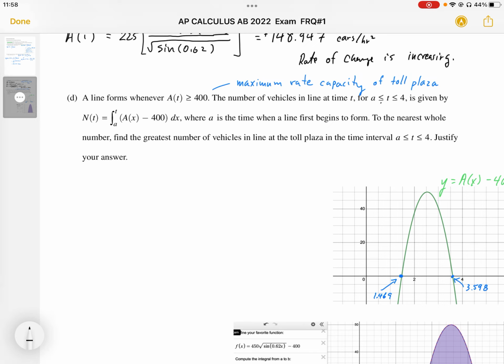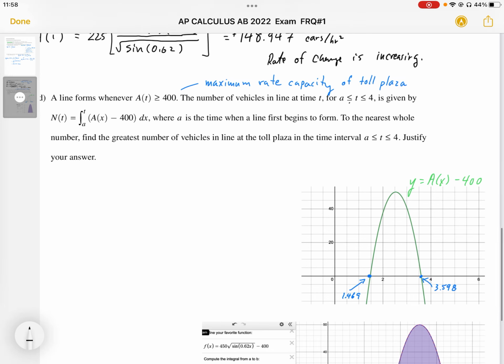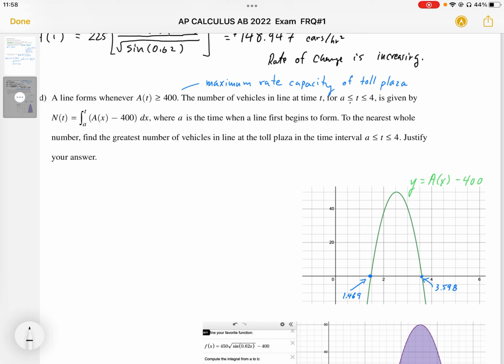So first of all, we need to figure out when a happens. When does our A of x pass 400? What I've done is graph A of x minus 400, and that's going to tell me when A of x is equal to 400, and I get 1.469 hours. We also need to know the time where it's going to continue accumulating, where A is above 400, so we have too many cars coming through and it's going to start backing up.